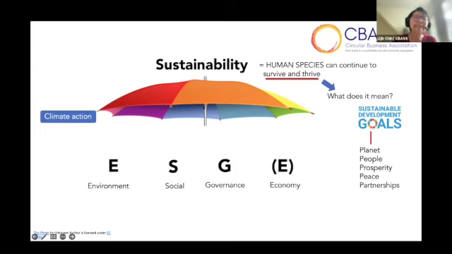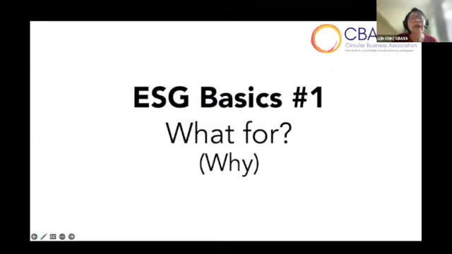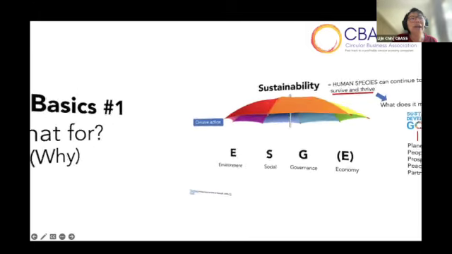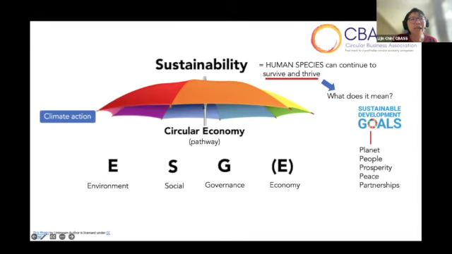So what we need is something liquid enough to allow the creativity and ingenuity of different solutions to come together and develop. But it still needs to be consistent enough to be a guiding compass. And therefore, the circular economy comes in as a very important guide, as a compass, as a pathway of how.